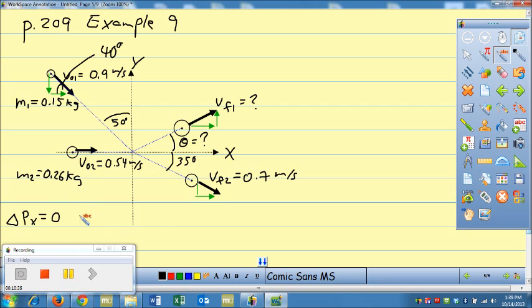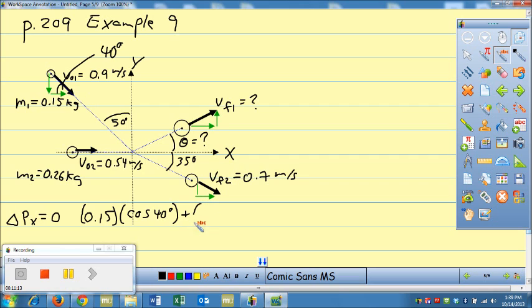Well, initially, if we look at this one here, we've got 0.15, that's the mass. Now, the velocity in the x direction, it's 0.9 meters per second. The x direction is going to be cosine 40 degrees.